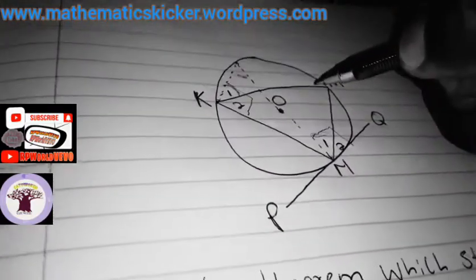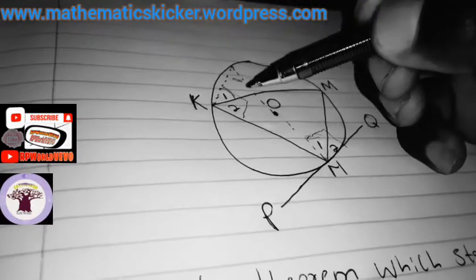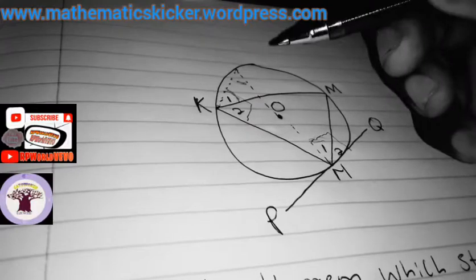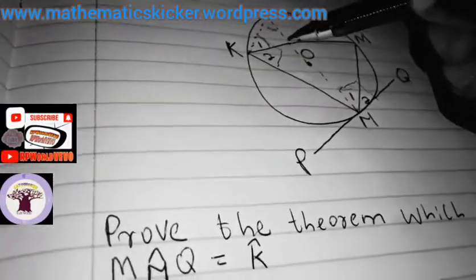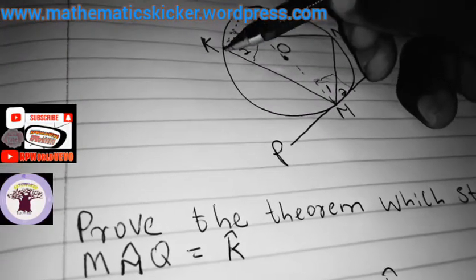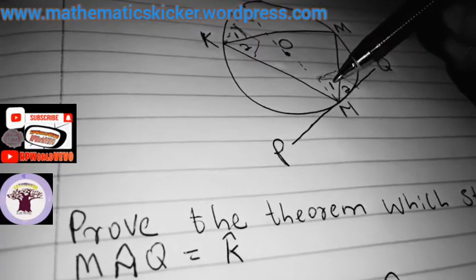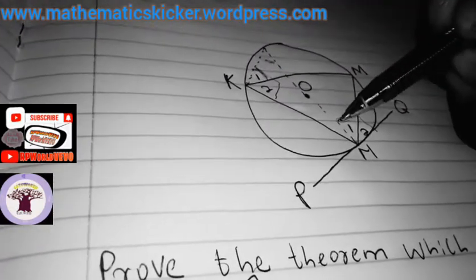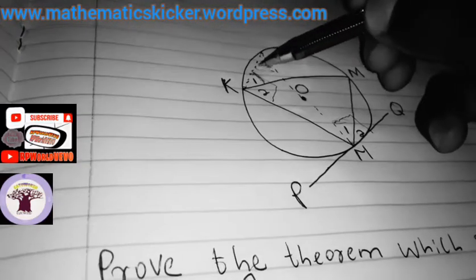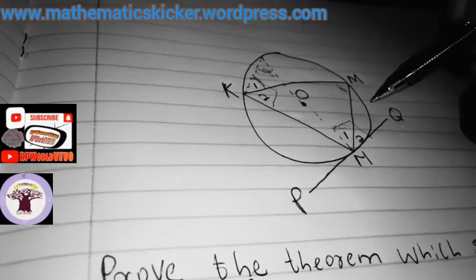Then we have a theorem which says that angles subtended by the same arc, or angles in the same segment. If we check, this segment subtends angle K1 and again subtends angle N1, which means K1 is equal to angle N1.